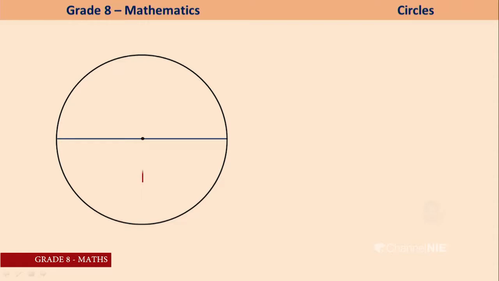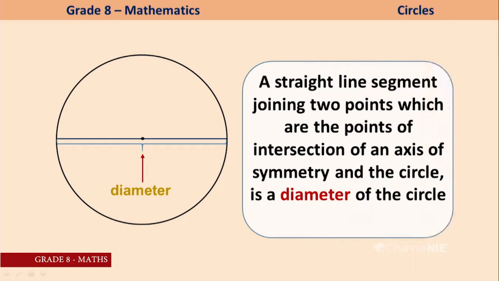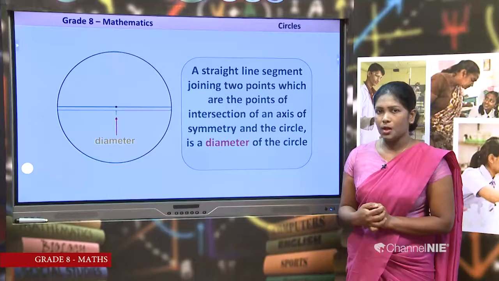So, the symmetrical axis we can call the diameter of the circle. Why? A straight line segment joining 2 points which are the points of intersection of an axis of symmetry and the circle is a diameter of the circle. Diameter is a symmetrical axis of a circle.